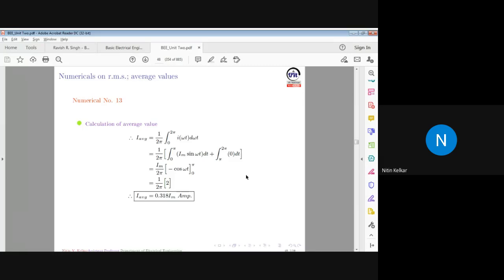If you observe all these numericals carefully, you will notice that if you are comfortable enough to calculate the integration of sine and sine square, sine of omega t or sine of theta and sine square theta, then no additional knowledge is required to solve such numericals. And obviously some knowledge is required about writing down the equation of the waveform.